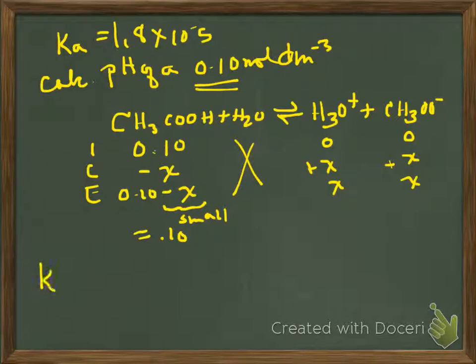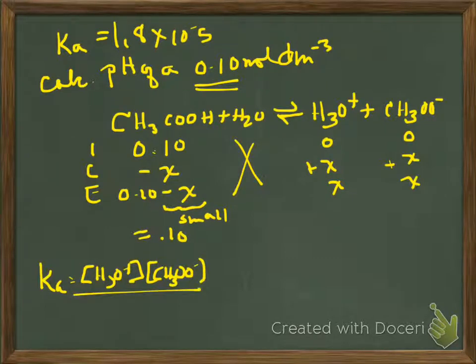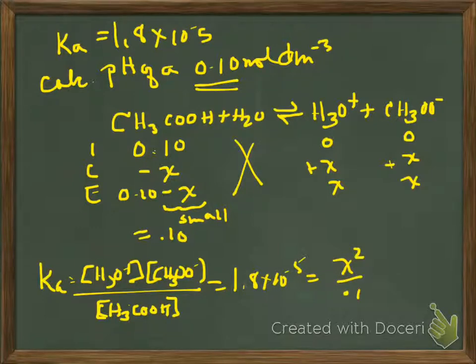Your Ka is the concentration of the hydronium times the acetate over the acid. That is 1.8 times 10 to the negative 5 equals x squared over 0.1. Solving for x, you get 1.34 times 10 to the negative 3.